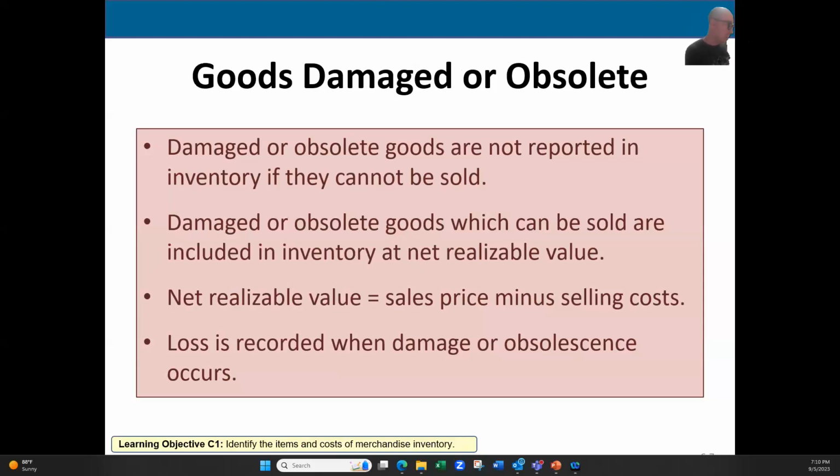Obsolete means it was replaced by something newer. iPhone 15 replaced iPhone 14. iPhone 14 is now obsolete. They're probably not going to keep selling the 14. They're going to sell the 15. Obsolete. Technology, obviously, that happens a lot.